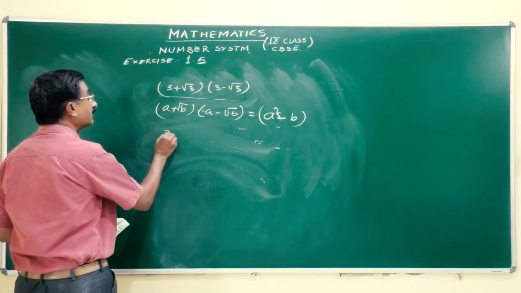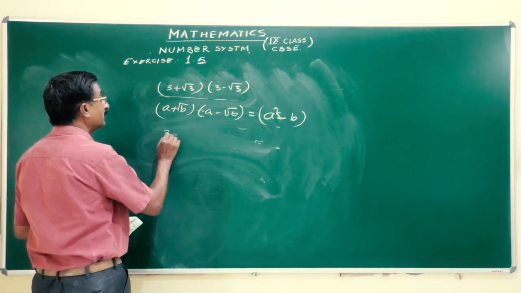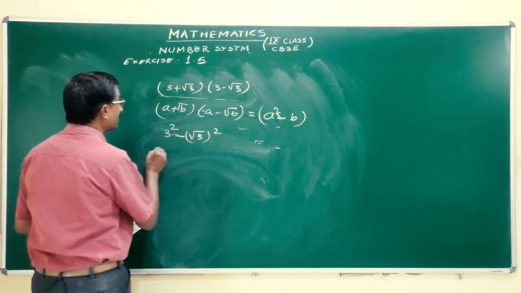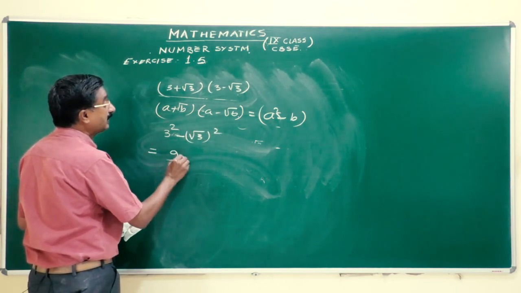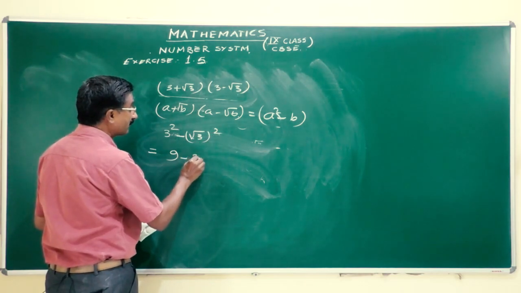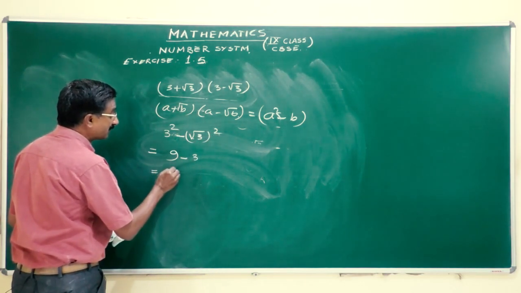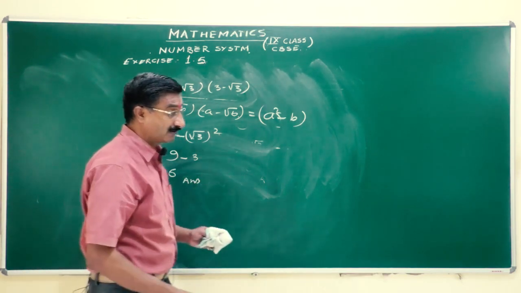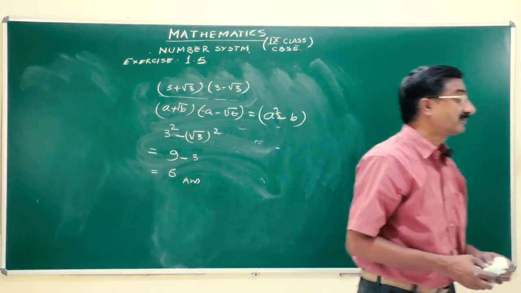So that is equal to 3 square minus under root 3 whole square. So this is equal to 3 threes are 9 and under root 3 square is equal to 3. So 9 minus 3 is 6. So this is the answer of the second part of the second question.